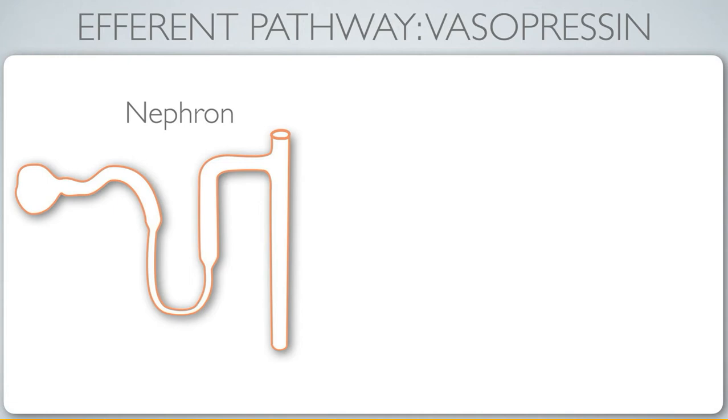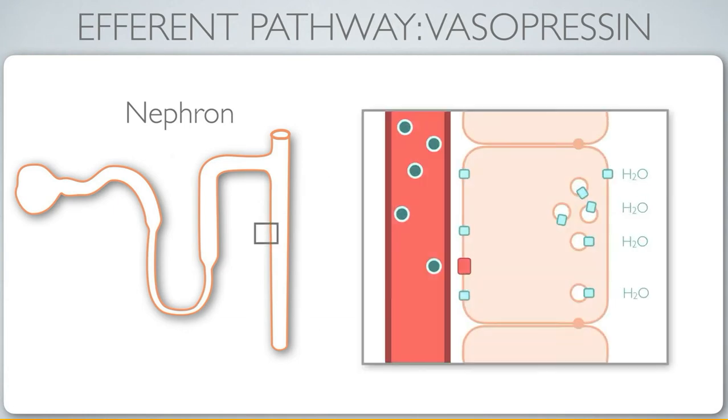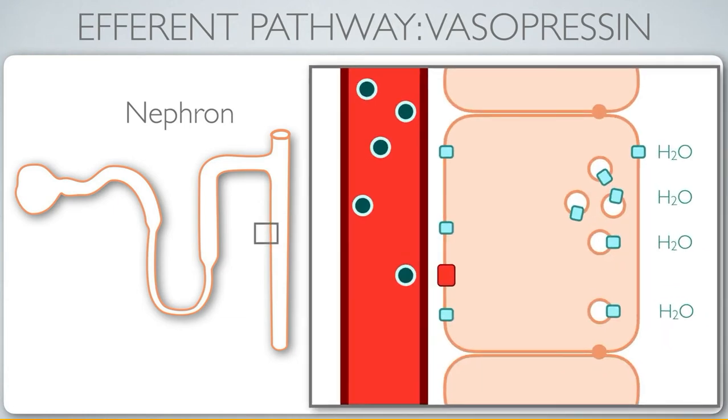What we're going to do now is add a hormone that's responsible for increasing the density of aquaporins. That is, making it so that your body's going to retain more of the water. So if we focus in on the epithelial lining of the collecting duct, what we have here is a capillary with this hormone vasopressin, shown in green.